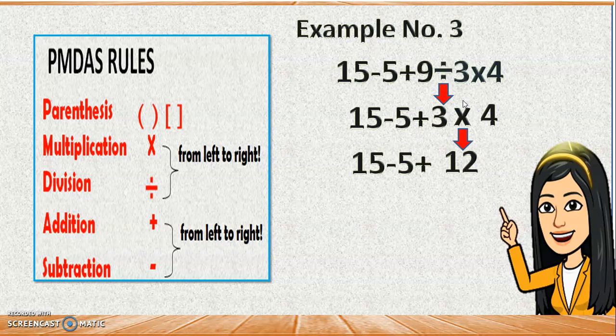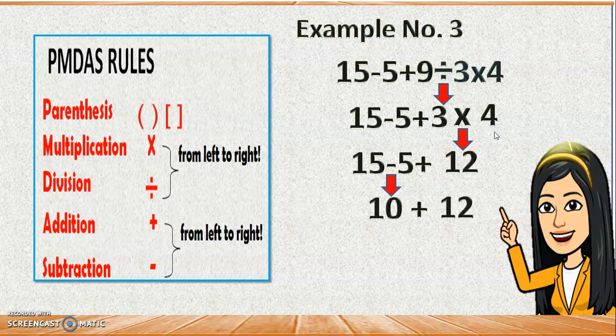Subtraction ba or addition? Sabi sa rules, from left to right, alin ang nasa left? The subtraction or the addition? Tama. The subtraction. 15 minus 5 is equal to 10. Plus, ibaba lang, 12.